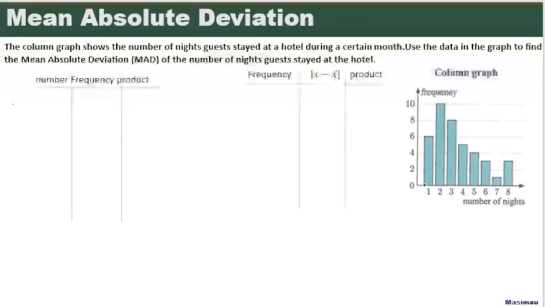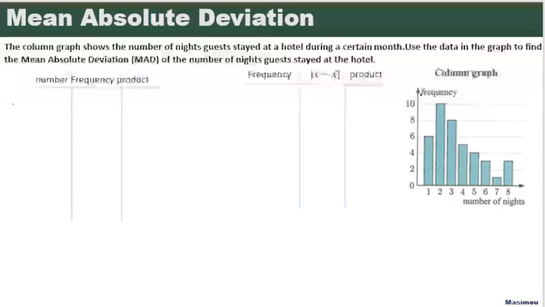For the horizontal axis, we see the number of nights. For the vertical axis, I see the frequency. For example, 3 people stayed only one night, and for 2 nights, it happens 10 times.